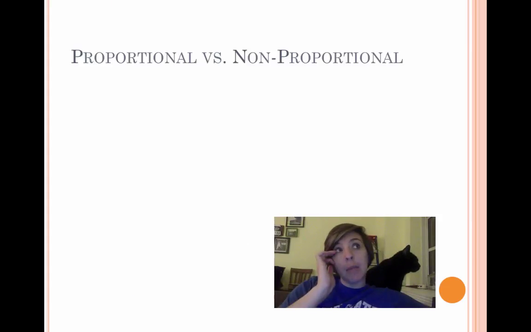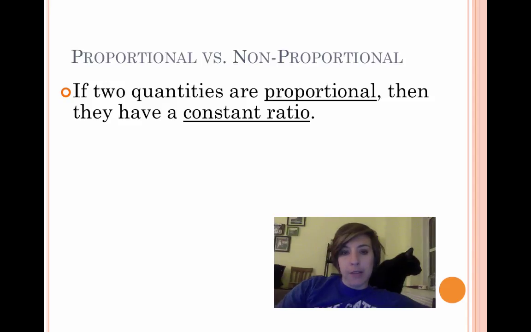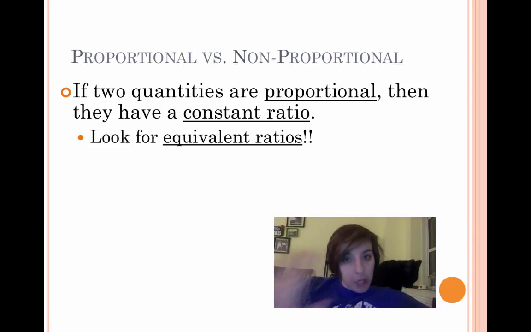So first of all, we're talking about relationships between two sets of data that are proportional versus non-proportional, and how to spot the proportional ones when you're looking at the data in different ways. If two quantities are proportional, then they have a constant ratio. That means you're looking for equivalent ratios. You guys know how to do this.